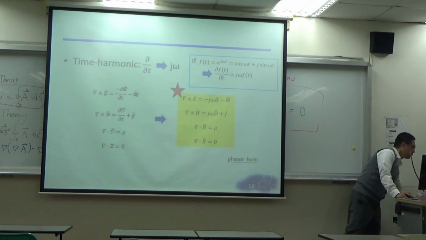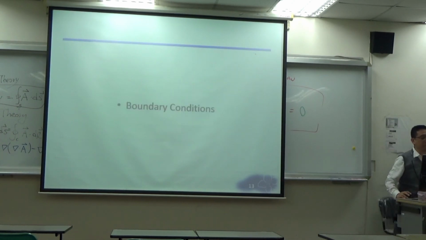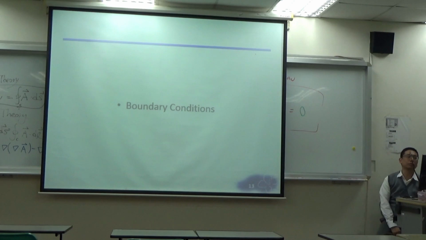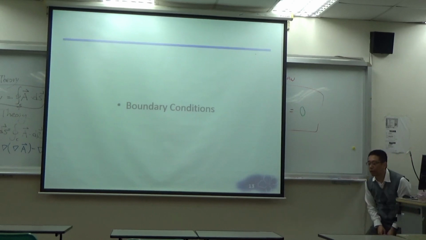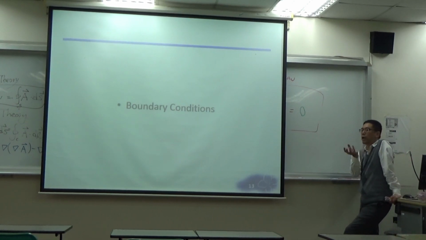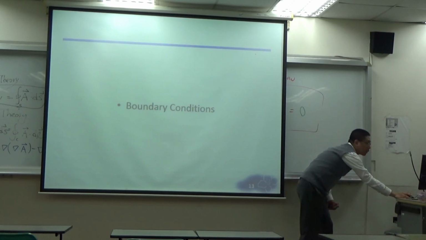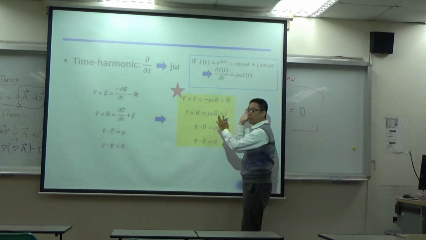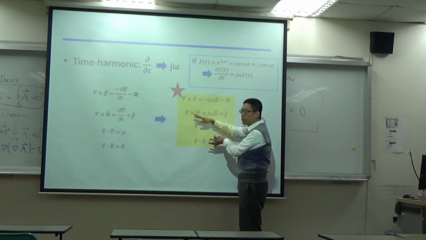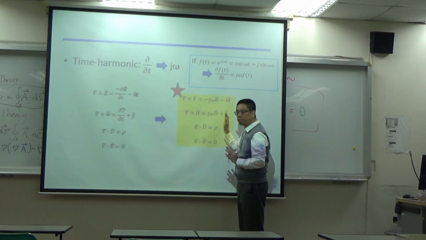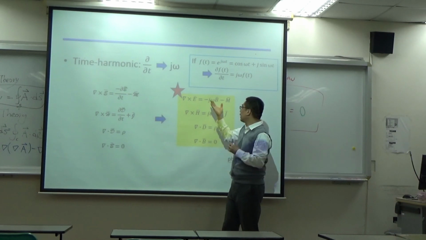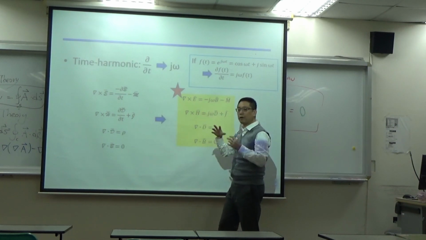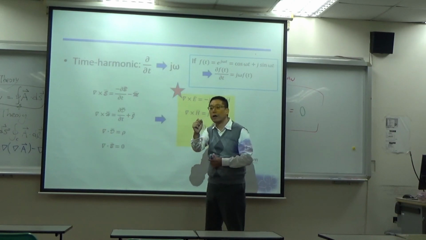The second one is, now we can apply our Maxwell's equations to boundary conditions. What kind of question are we trying to deal with? Let's look at the Maxwell equations. All of them look at the electric field and the magnetic field in one single material, right?